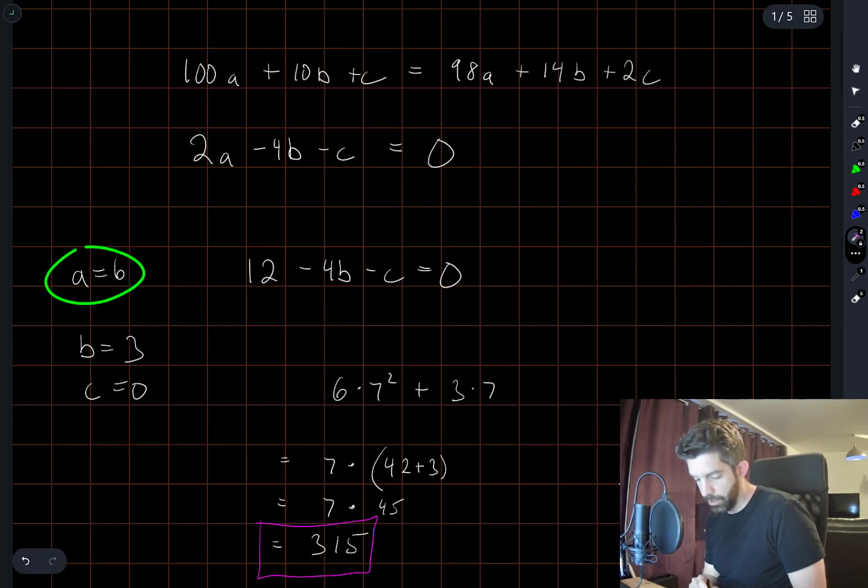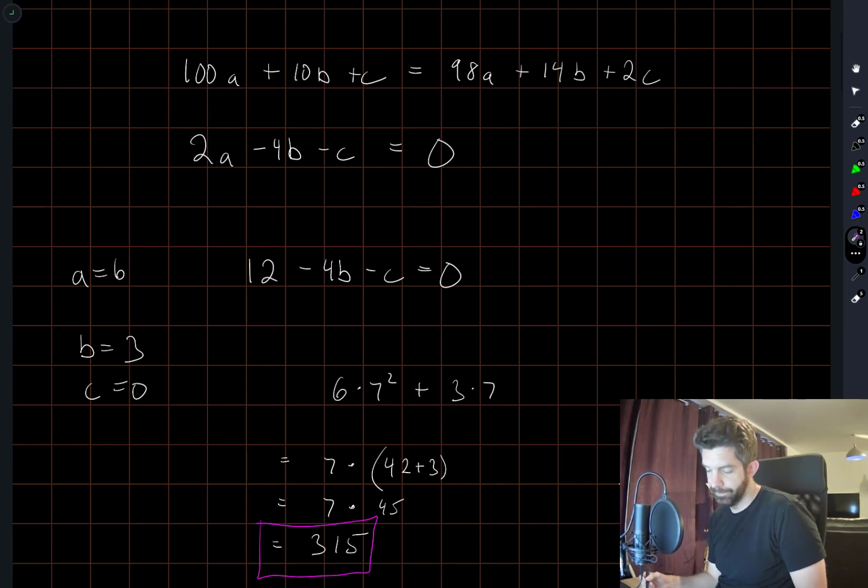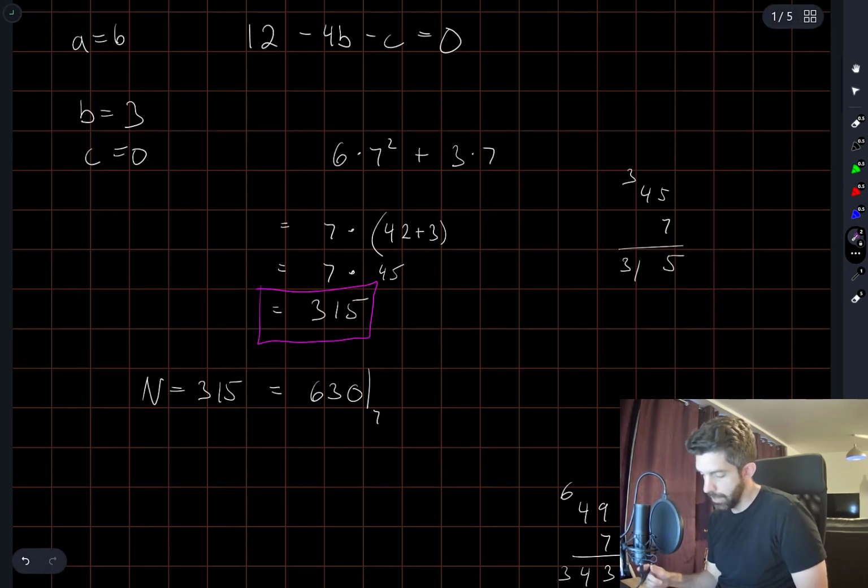So of course we're going to start with A equal to 6, the largest possible value of the leftmost digit. If I plugged in A equals 6 and could not find values of B and C that make this 0, I would go down to A equals 5 and try again. But we happened to get it on the first try, so I'm pretty happy with this, 315.